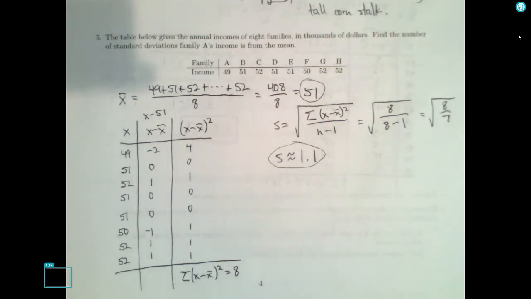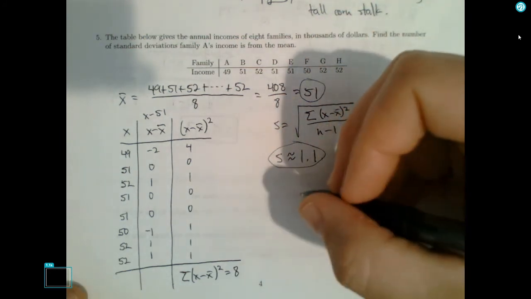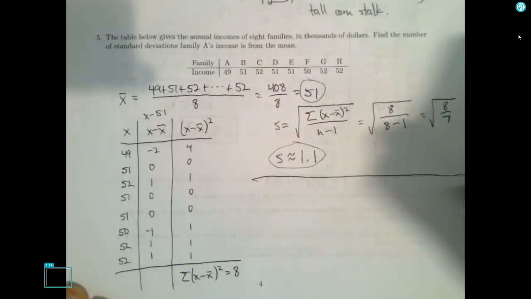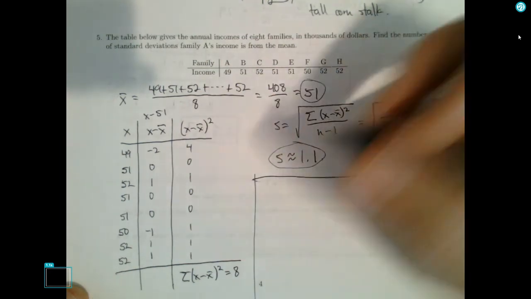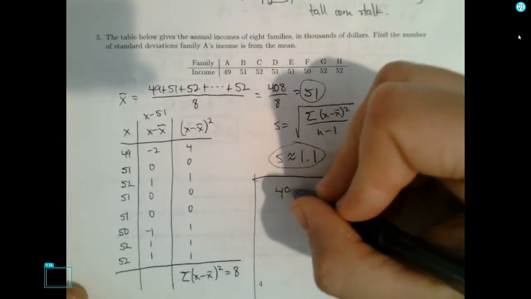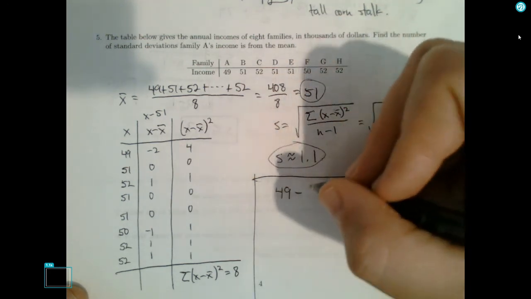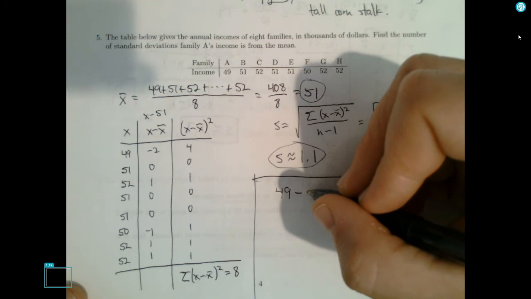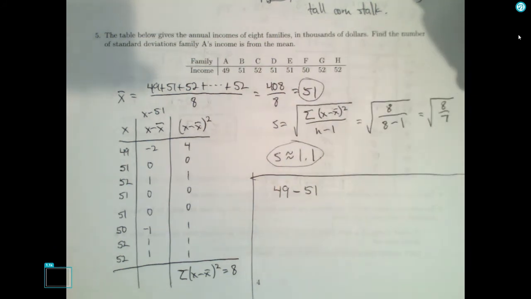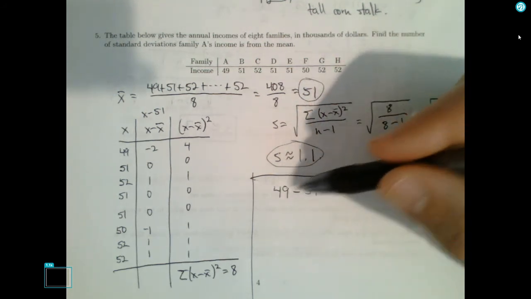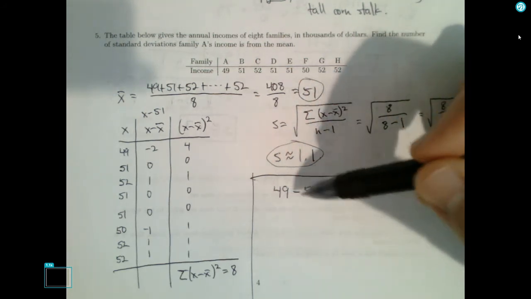To find out the exact number, here's what we could do. I'm going to take family A's income of $49,000, and I'm going to subtract the mean income level of 51. That'll tell me the distance. That'll tell me the deviation from the mean.